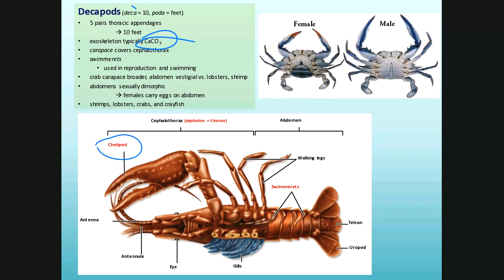And in the male, the abdominal region is much narrower. I'm talking about that little line that moves up the front there. You see, these two things are the same thing. So in the females, they're going to have a wider abdominal carapace versus in the males, it's much more vestigial, like in the lobsters and the shrimp.